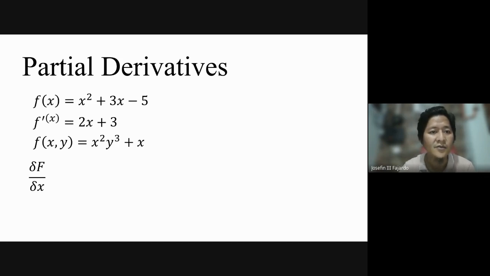It's here, this one. This is the better symbol. This one is your partial differential symbol. Sorry about that.